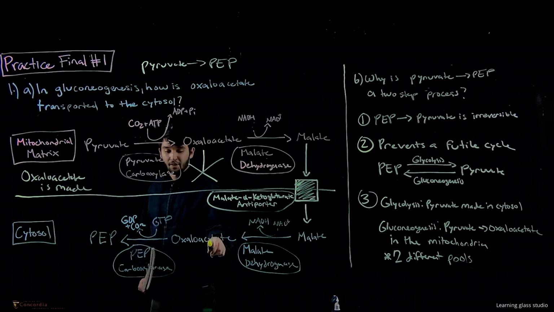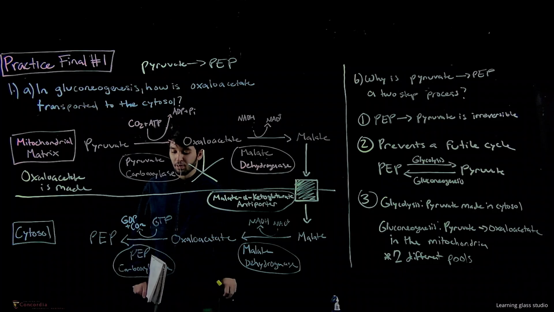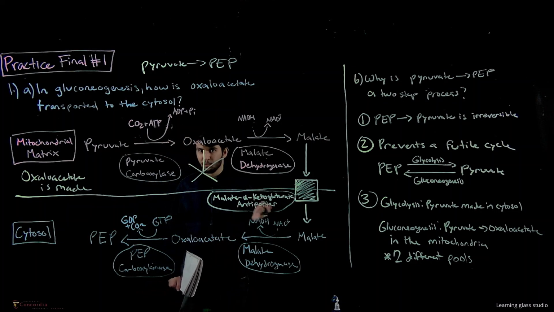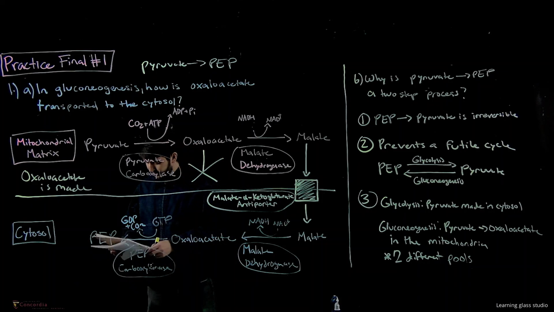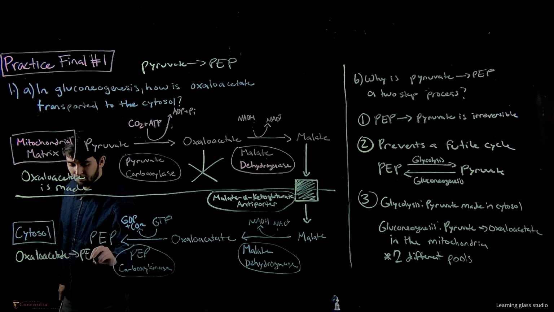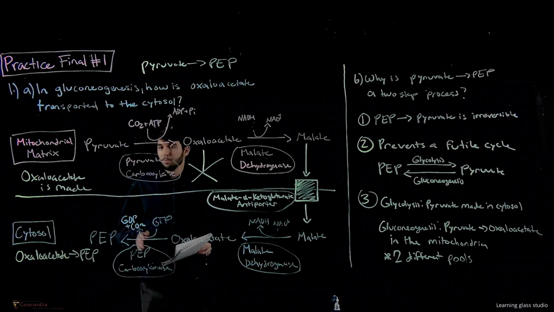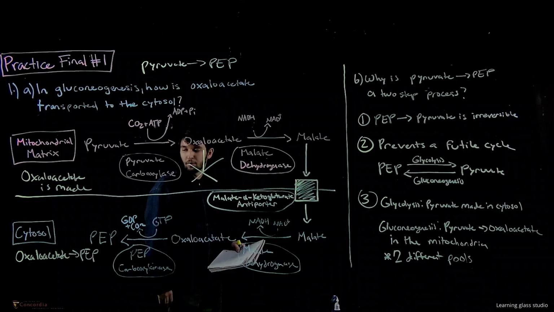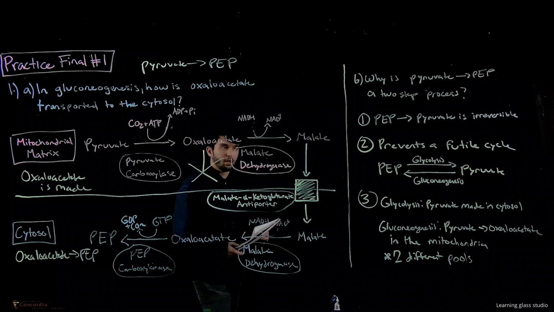And then the oxaloacetate is converted into phosphoenolpyruvate with phosphoenolpyruvate carboxykinase. We've already looked at all these reactions in detail in previous videos. So oxaloacetate to PEP takes place in the cytosol. We're making the oxaloacetate in the mitochondria, and we're turning it into phosphoenolpyruvate in the cytosol.